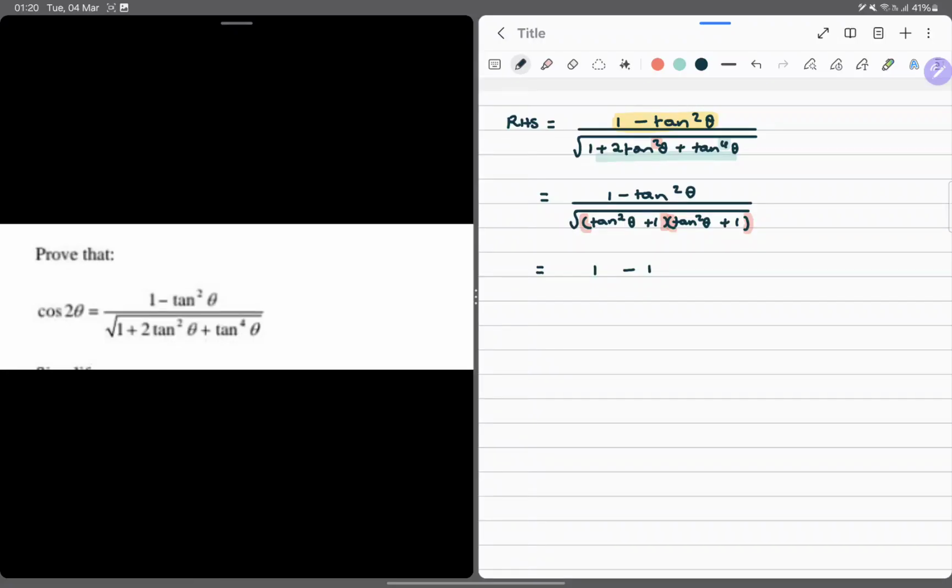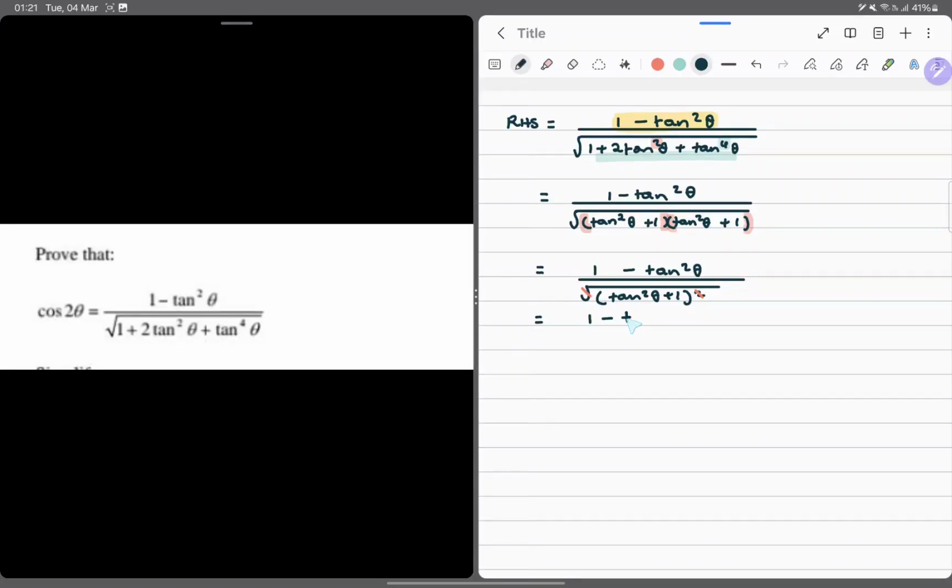So we have 1 minus tan squared theta divided by the square root of tan squared theta plus 1, all squared, because that bracket is repeated. And guess what? The magic happens now: that takes out the square root. We are finally off the hook for now.